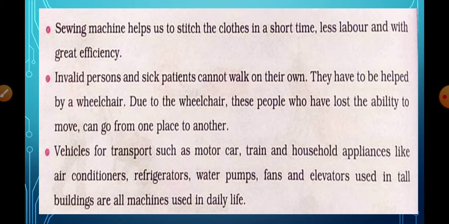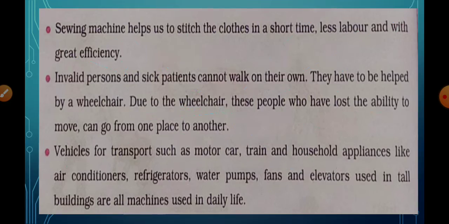And then the next machine. Can you name some other machines of this kind? This is the answer for that question. Vehicles for transport such as motor car and train, and household appliances like air conditioners, refrigerators, water pumps, fans and elevators used in tall buildings are all machines used in daily life.